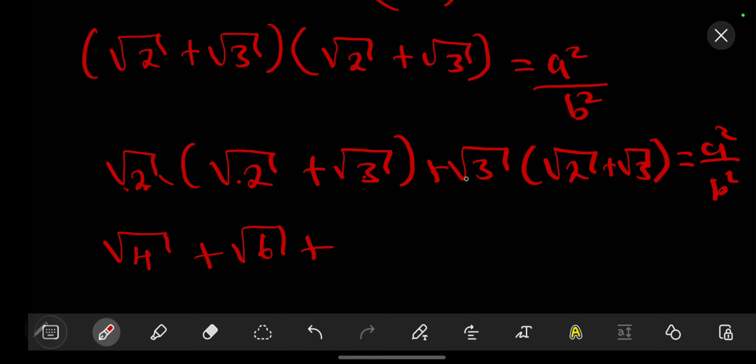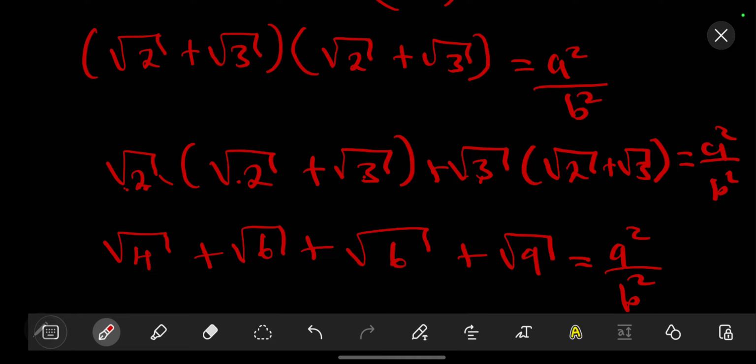Then plus the square root of 3 times the square root of 2, which gives us the square root of 6. Then plus the square root of 3 times the square root of 3, the square root of 3 times 3, which gives us 9. This should be equal to a squared over b squared.